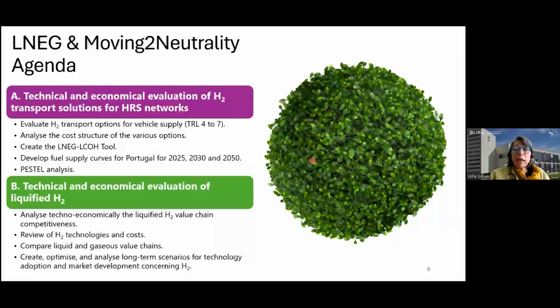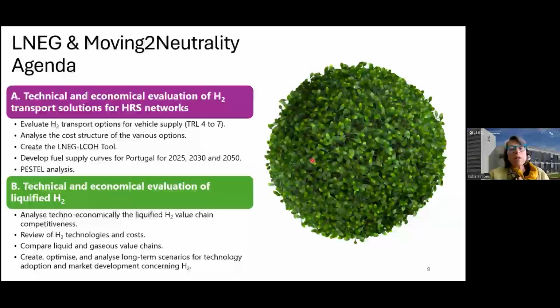At this moment, we are really, let's say, transport agnostic, and we look into the transport sector as a whole, but in the back of our minds, we are probably thinking of freight transport and passenger transport, like buses.